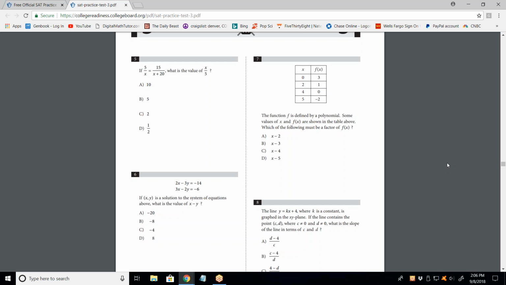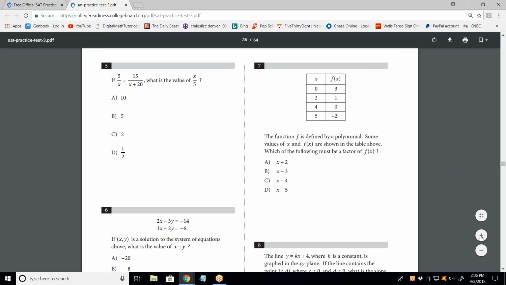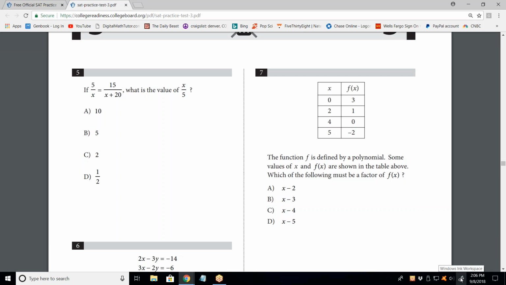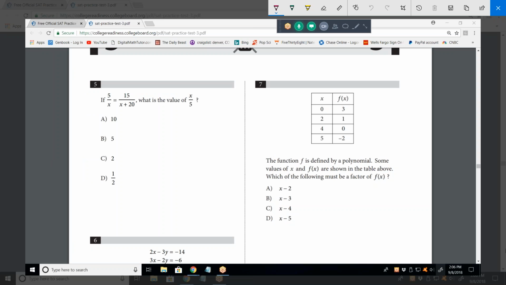Now, let me expand it a little bit so I've got some white space to write on. First of all, we don't know the function, because all we have been given is 4 data points. We know that when x is 0, f of x is 3.